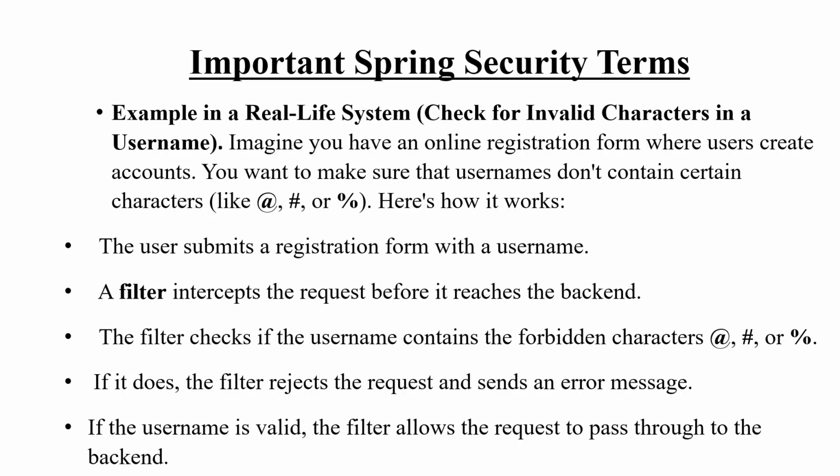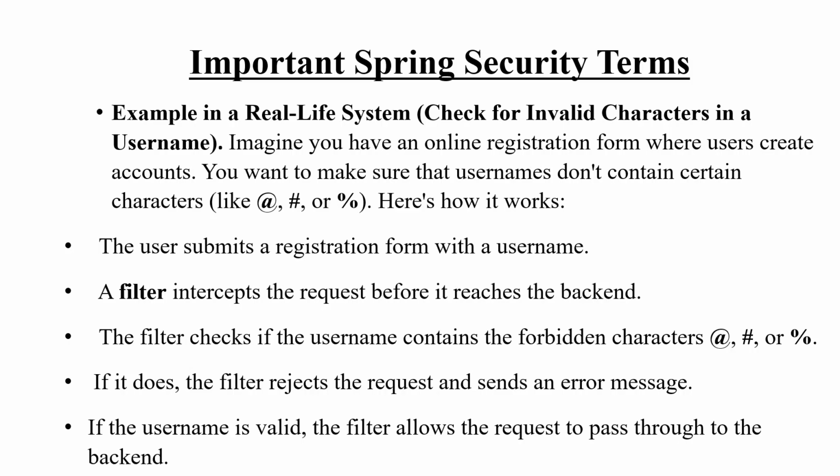Let us look at a real life system: checking for invalid characters in a username. Imagine you have an online registration form where users create an account. You want to make sure that the username does not contain certain characters like at, hash, or percentage sign. Here is how it works. The user submits a registration form with a username.